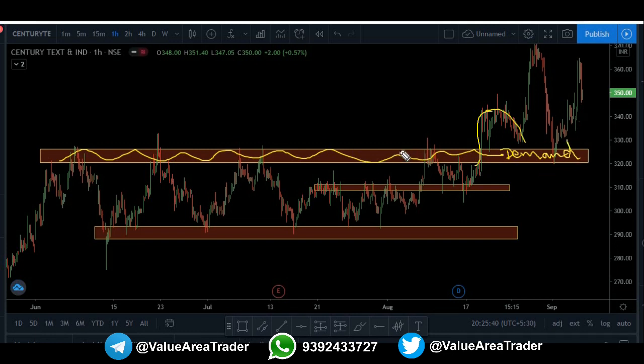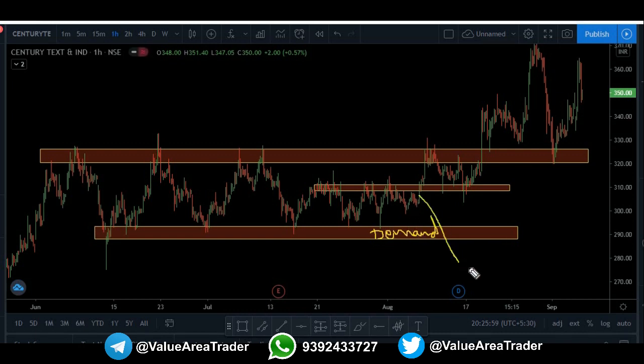It reverses what was previously supply, and whenever the price breaks it, it becomes a demand zone. Same for demand zones. If there is a demand zone, or let's say a buying zone, whenever price breaks that zone and comes back to test it, that becomes a supply zone. So what will happen? People will start selling it.